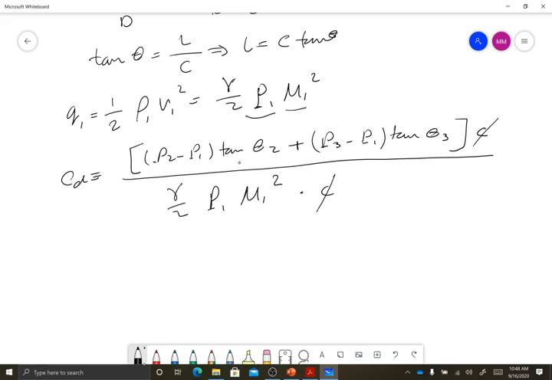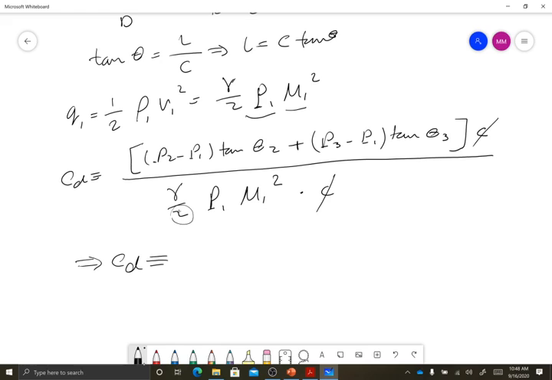And we can play with this a little bit. We can actually divide P2 minus P1 by P1 here, right? We can do the same thing for P3 minus P1 by P1, right? If you play with this a little bit, this is the formula you're going to get for your drag coefficient, right?